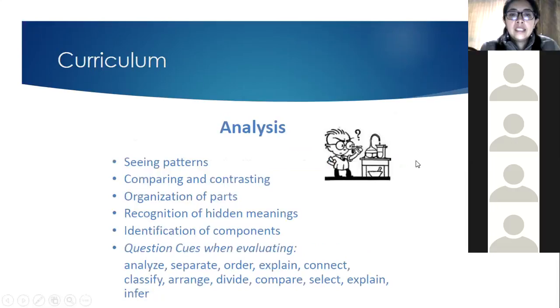In the analysis level, topics about real life, yeah. In the analysis level, what activity could we use here?